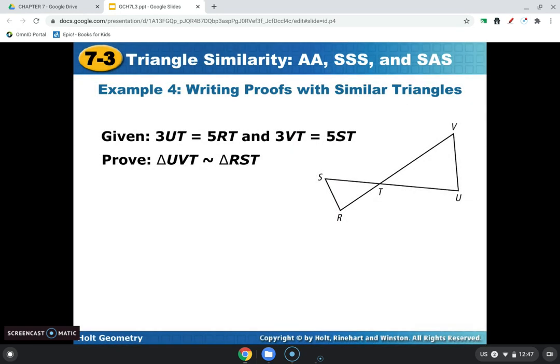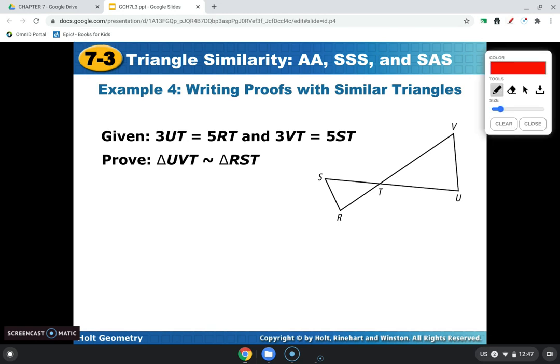All right, last proofs of the year here with similarity. When you're going through these, we're trying to prove these 2 triangles are similar. So they've already kind of set up proportions for us. We see that we have vertical angles here. And then we can see 3UT. This goes with this, and this goes with this as far as being proportional.